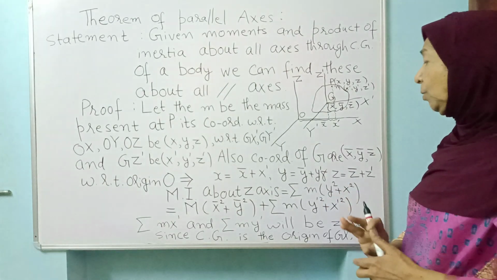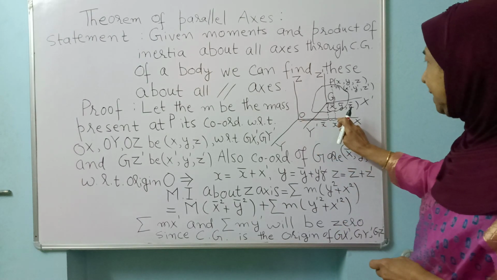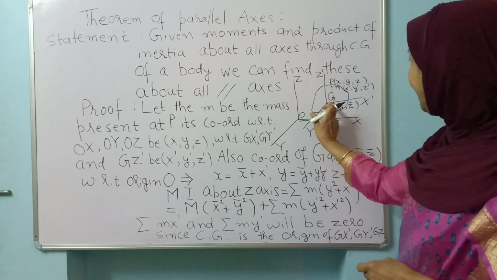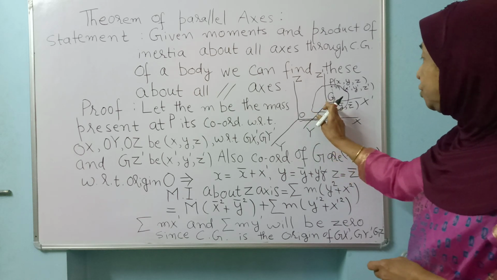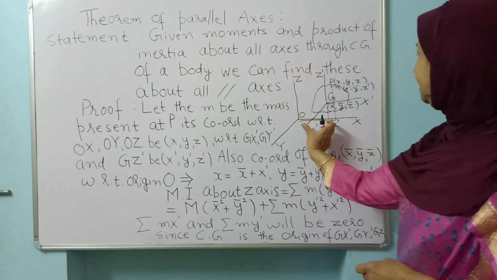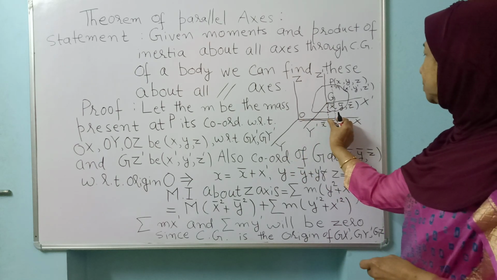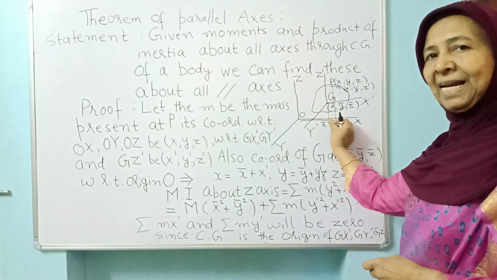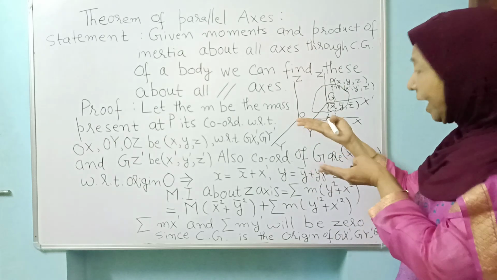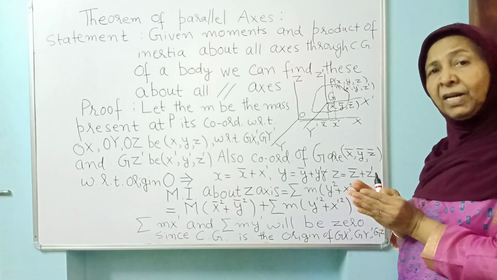Okay. Now, you can see that this whole length is x, whereas x bar is the x coordinate of G. That means this length is x bar and this length is x dash. Of course, you have to imagine the plane like this. It is a three-dimensional figure.